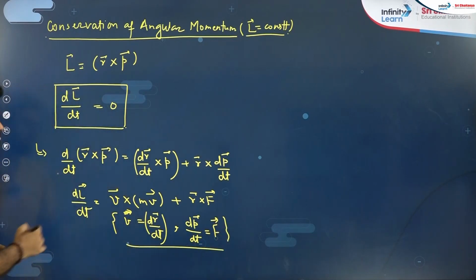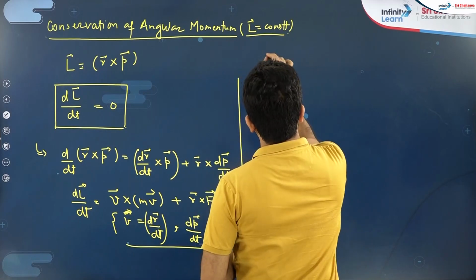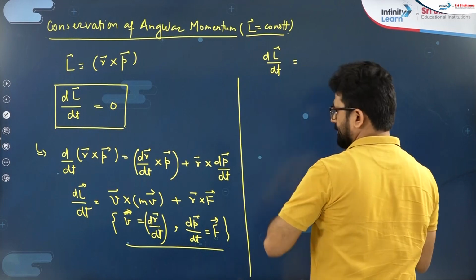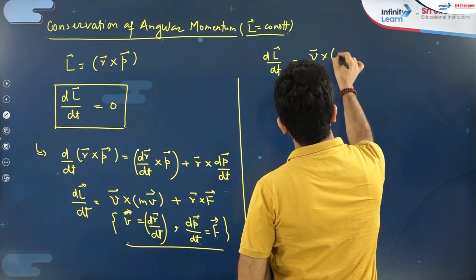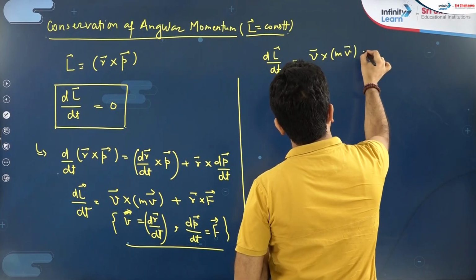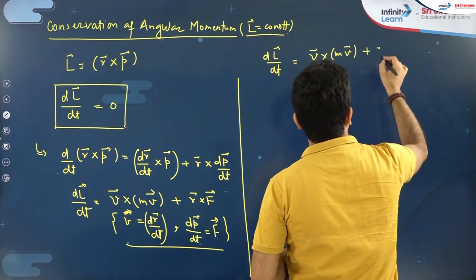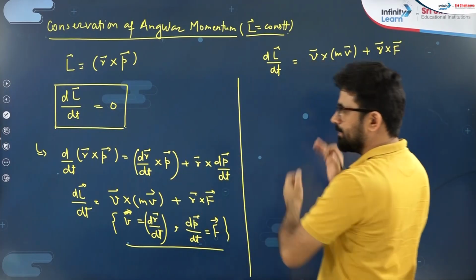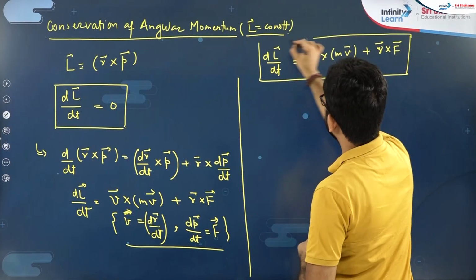So if we put this in, dL over dt is equal to the first term v cross m into v, plus r cross F. The very first thing, I am just repeating the same line so that everyone can understand this line. Now focus on this line.